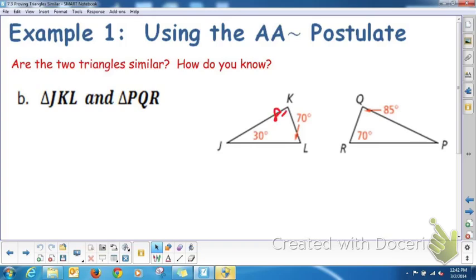Angle K is 80. So you cannot prove that these two are similar because this one wouldn't be 30, it would be 25. And so, no, these triangles are not similar because you only know one angle is congruent. In order to use this postulate, you need to know two, angle-angle similarity.